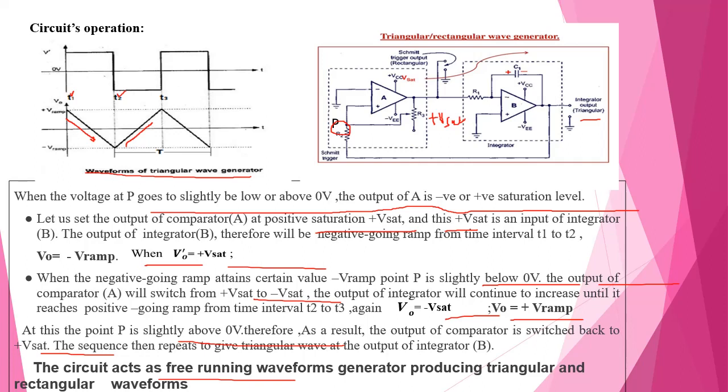Therefore, the output of the comparator will switch directly from positive saturation to negative saturation.